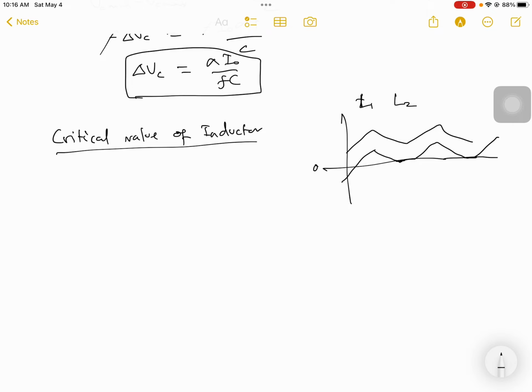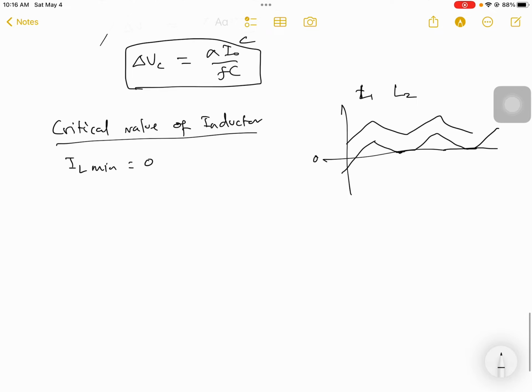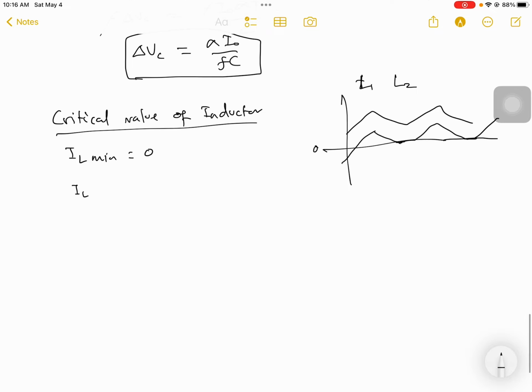So now you will see at what value of the inductor we can maintain the output current as continuous. Now we have a method for this. We have to make the minimum inductor current equal to 0. So your IL min is given by IL minus delta IL by 2 is equal to 0.